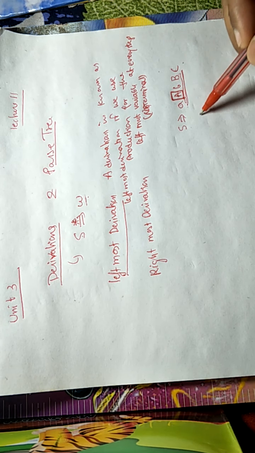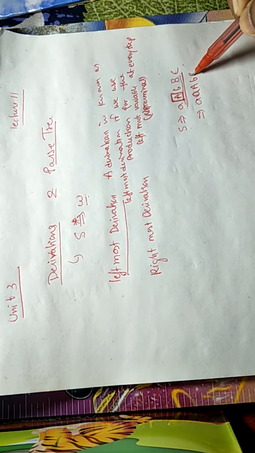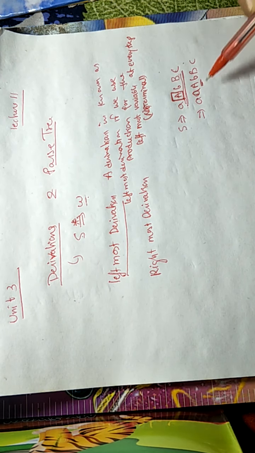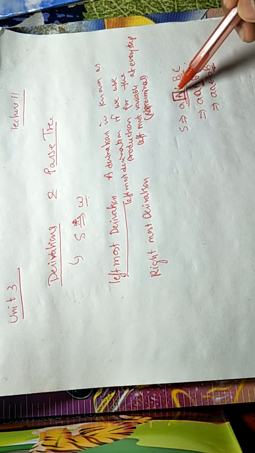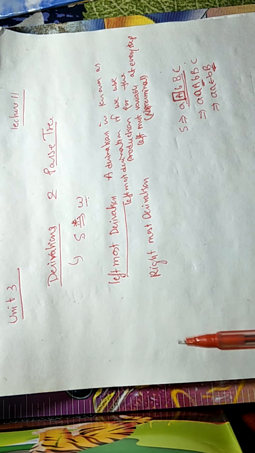Suppose I replace this by A. Now this A is the leftmost. Suppose I am replacing it by epsilon. Now this B is the leftmost. So at each step I have to replace the non-terminal that is in the leftmost.